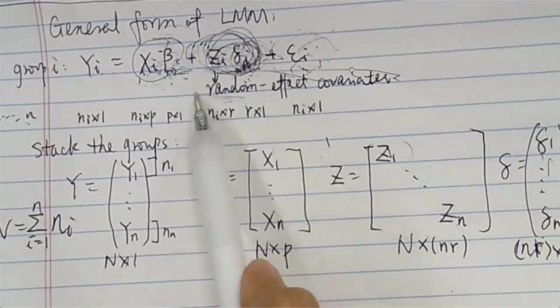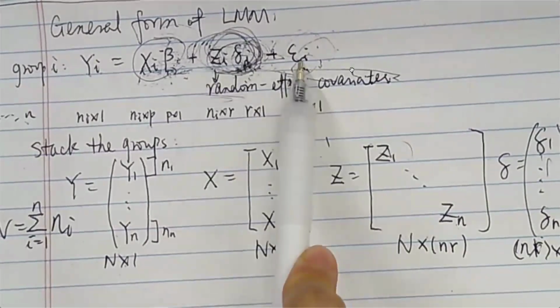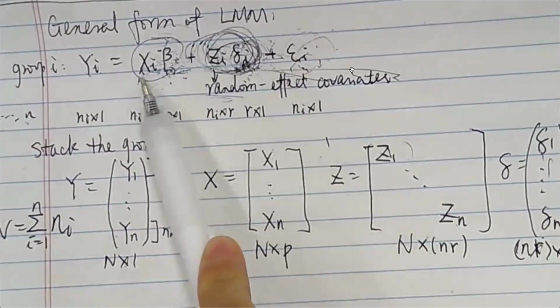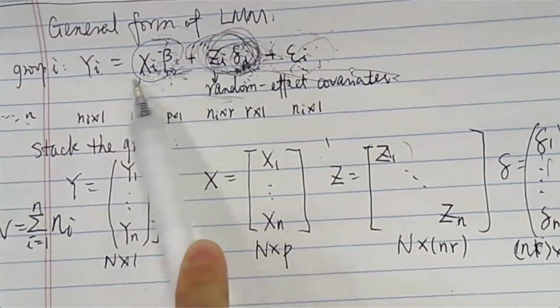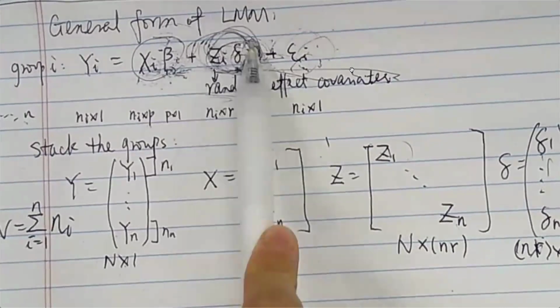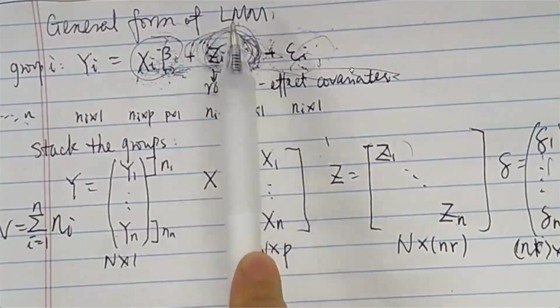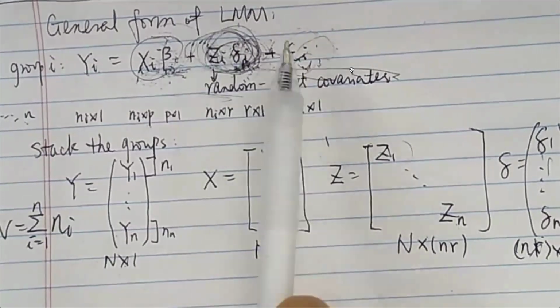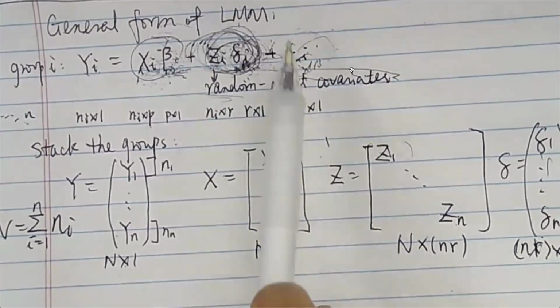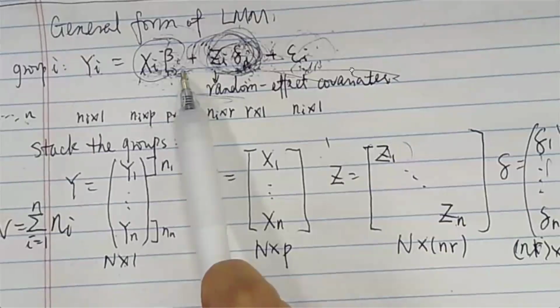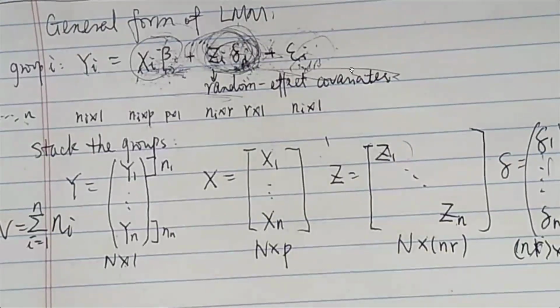But if you now use the variance decomposition, a large proportion of the variance I cannot explain with x_i beta can be explained by this random effect, the between-group difference. Then I think my random error has less variance. Then I'm more confident with my beta hat, so my inference is more confident.